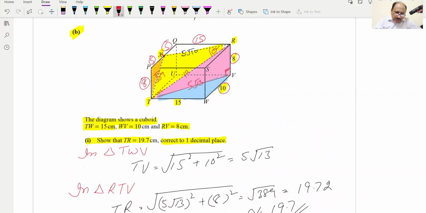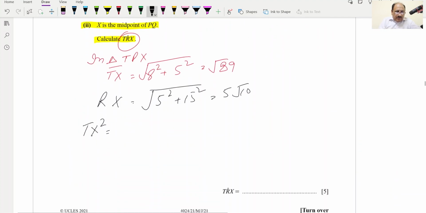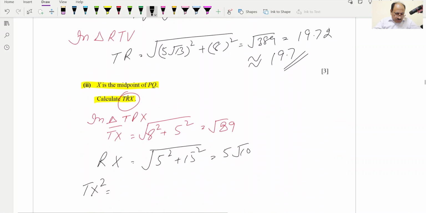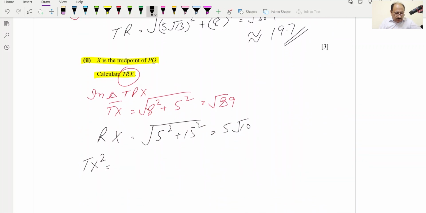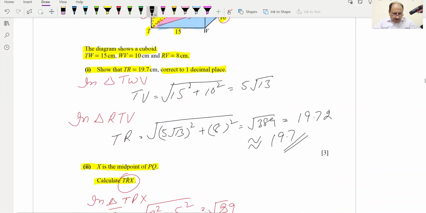So I will write the formula first in the form of alphabet. TX squared will be equal to TR squared plus XR squared minus 2 into TR into XR into cos of theta, and theta is this one I have indicated over here. So we can write down the values.